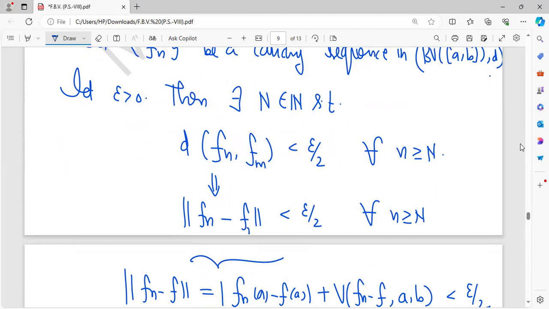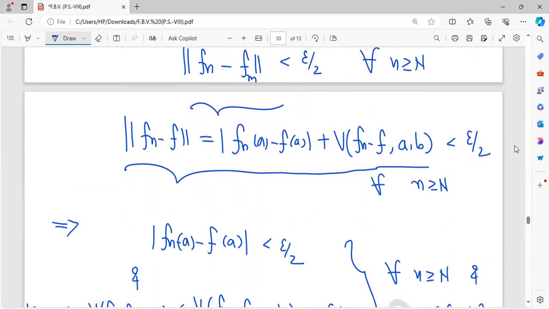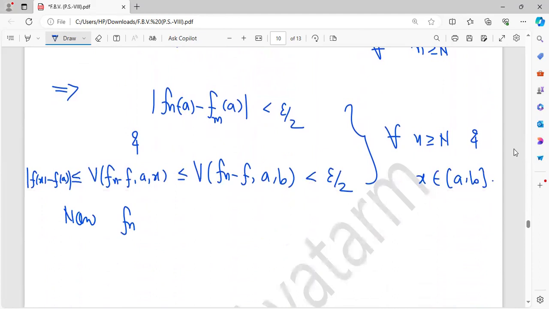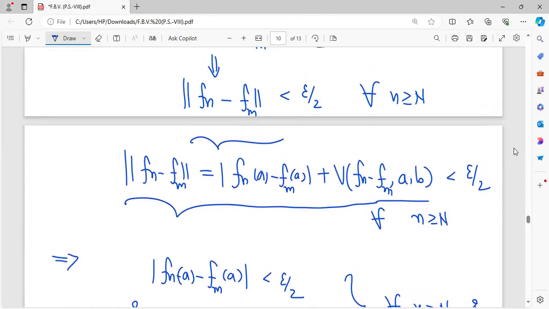This is f_m, and f_n is here. For n and m greater than capital M.